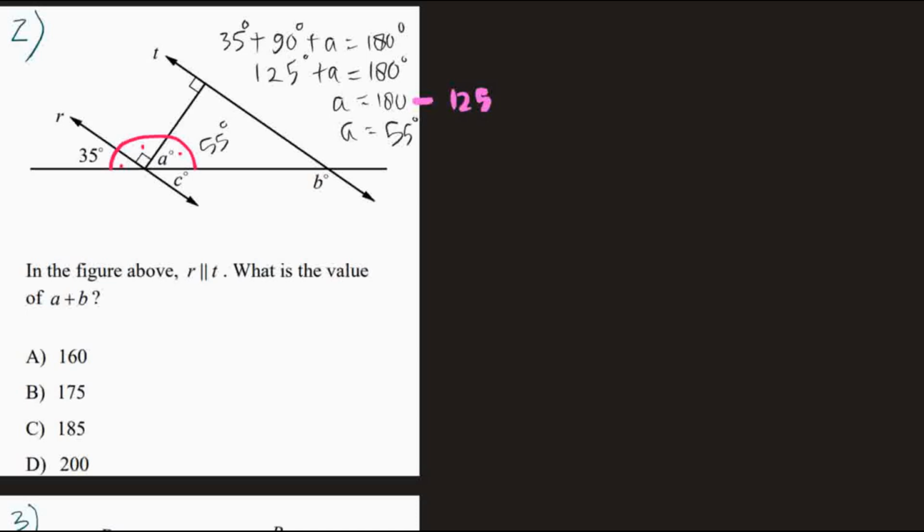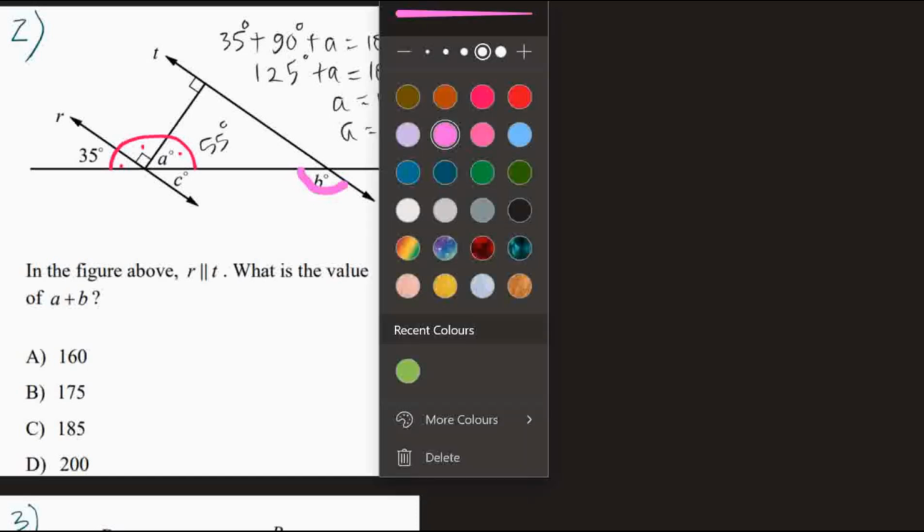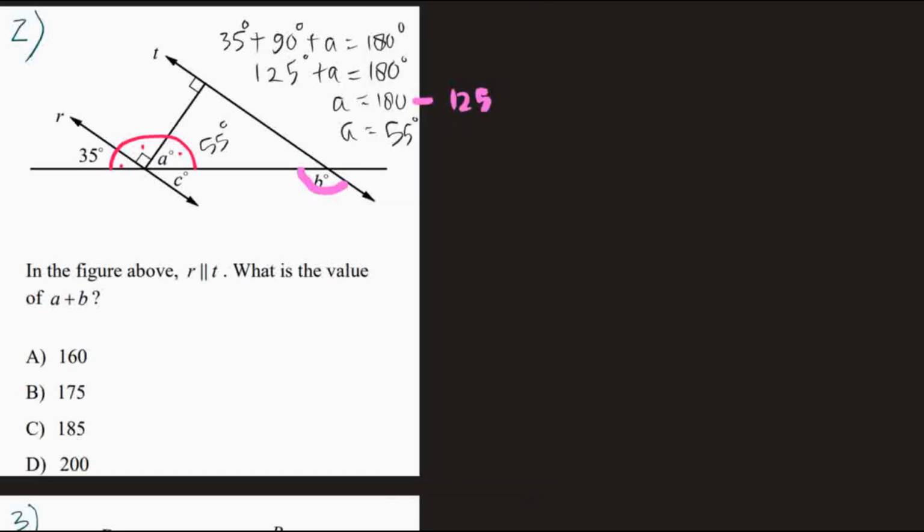Well, there are many ways to do this angle question. We see that B in here is the exterior of the triangle, and this is the opposite of these two interior angles. So B will be equal to this angle plus this angle, the one that I marked in pink.